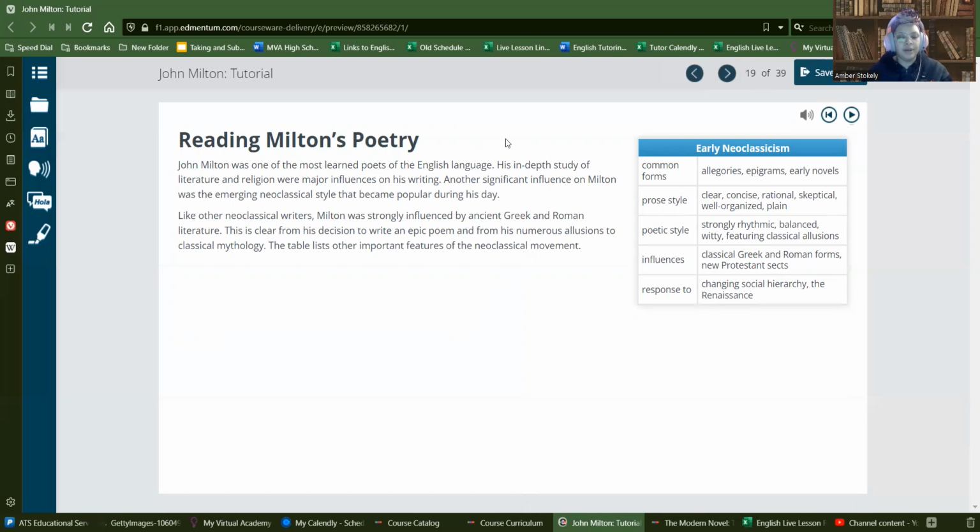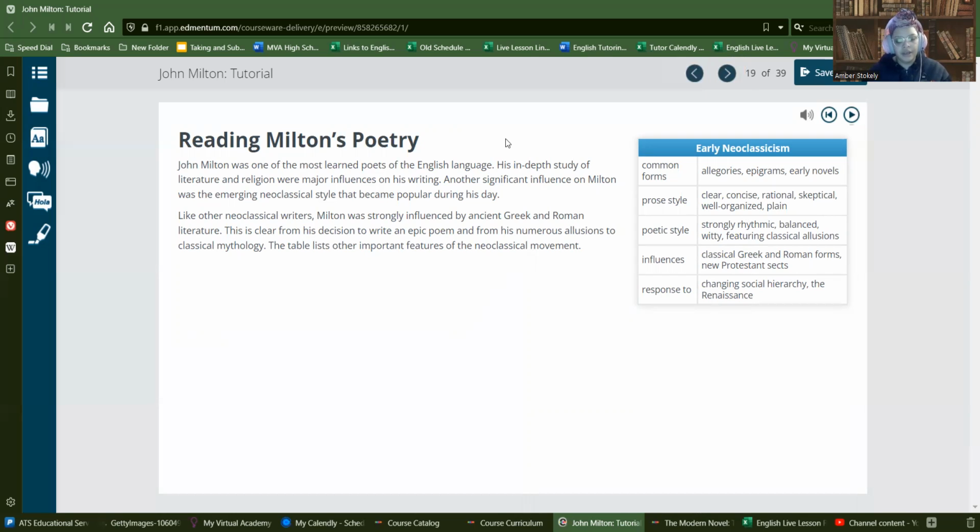We've had this come up in some of the previous lessons, but pretty much an allegory is when the characters and the names and the settings of your stories all represent something else. So they represent an idea. We're going to go into this in a little more detail later when we go over some of Milton's stories.